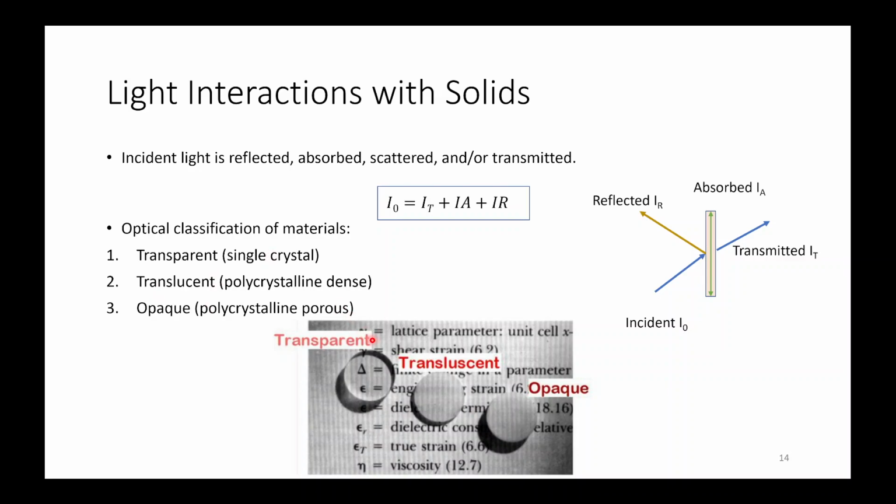It will get scattered if there is a presence of grain boundaries. Another material is polycrystalline dense. If a material is dense but polycrystalline, it will be somewhat translucent. So some light can go through it but not all. Some will get scattered inside. Opaque will be polycrystalline porous. If porosity is present inside, it will make your material opaque.